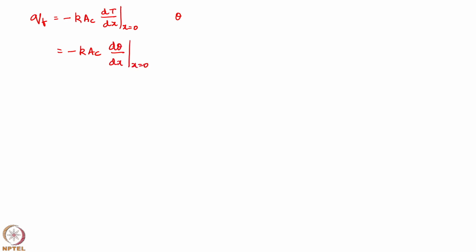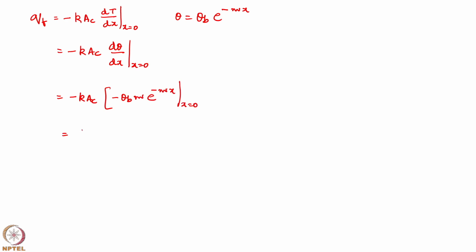And theta you have just now found, theta equal to theta b into e to the power of minus mx. So if you differentiate this, you get minus KAc into minus theta b into m e to the power of minus mx at x equal to 0.